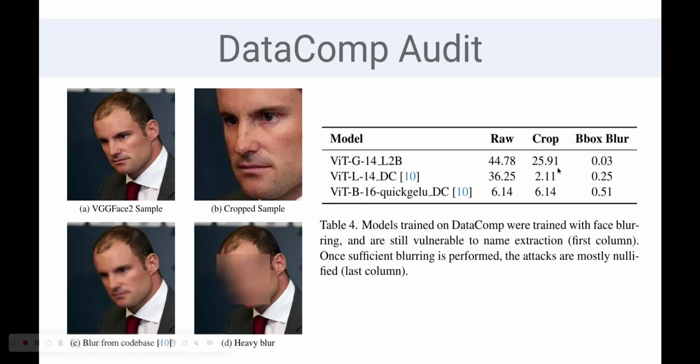You can see we can still extract 25% of the people. Now, to be absolutely certain, we also blur this strict facial crop, and we see that the attack performance goes to near 0. So this shows that either the blurring was insufficient or it wasn't done on all of the faces, but either way, this is a strong use case of this framework to show that you can audit a privacy claim.